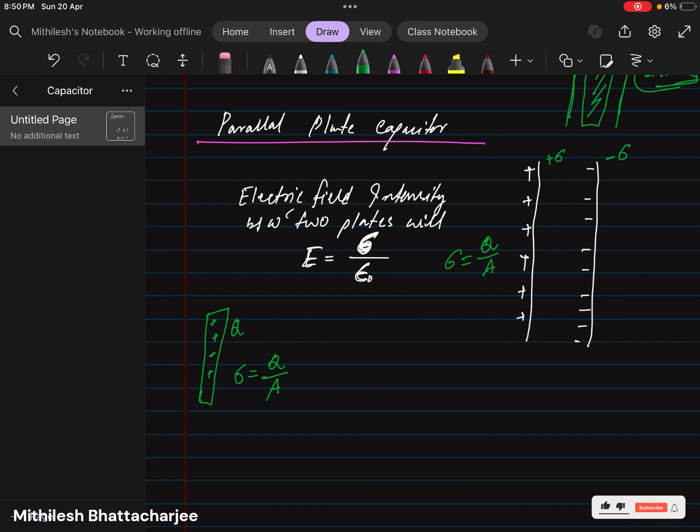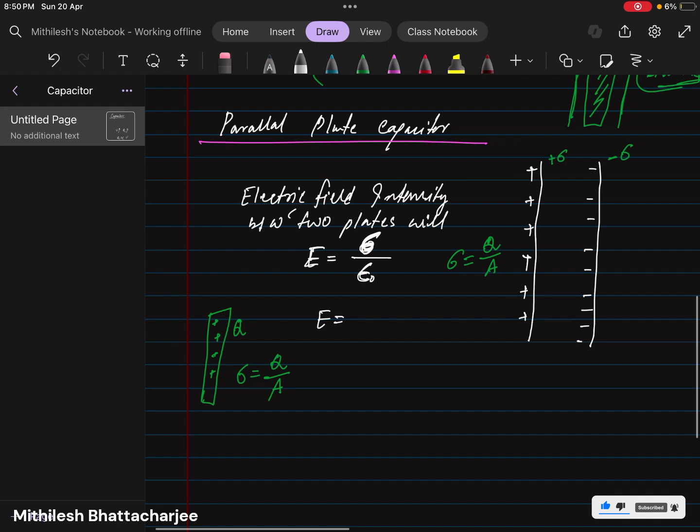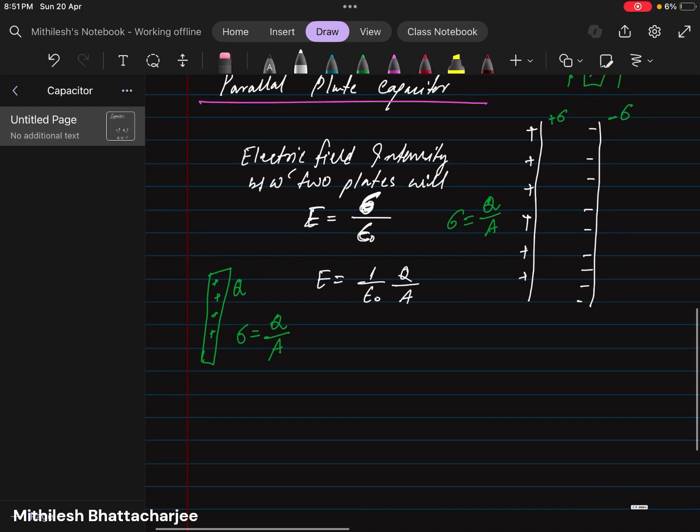Fine. Now just put the value of sigma. So E will be 1 by epsilon naught Q by A. Okay.